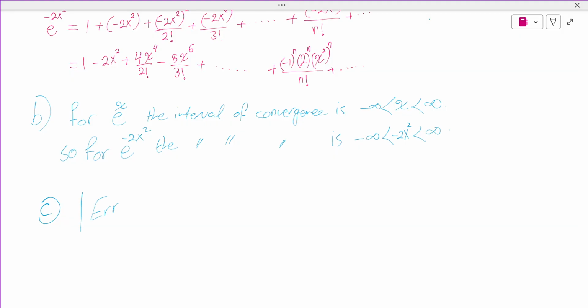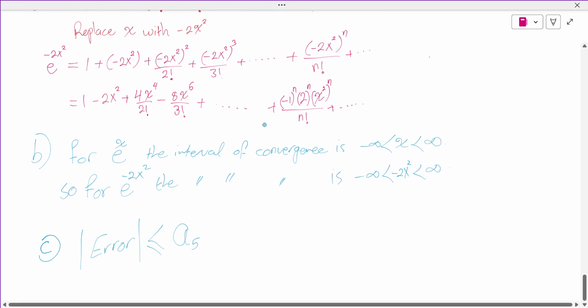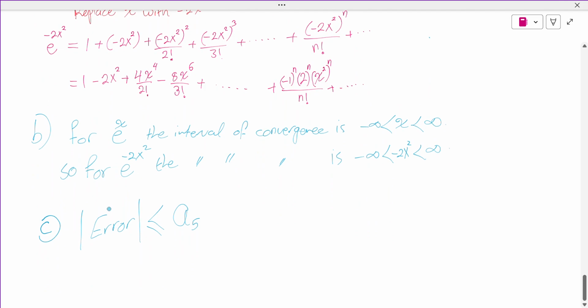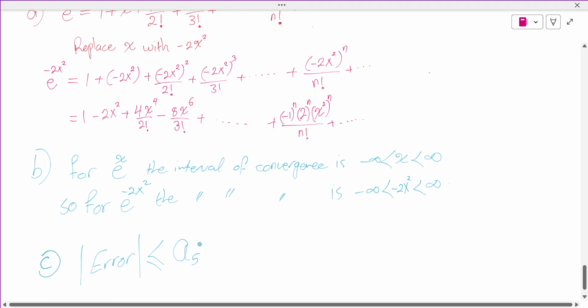So the error is at most what? A sub 5, because we used how many terms? The first 4. The error is the difference between the actual value minus the approximation. Because it's an alternating series and it converges, we can use the alternating series error bound, and the A5 can be generated from here.